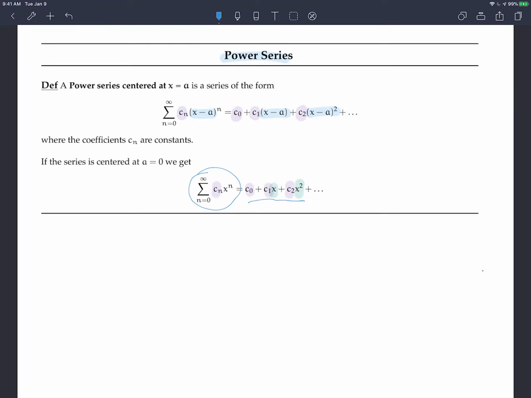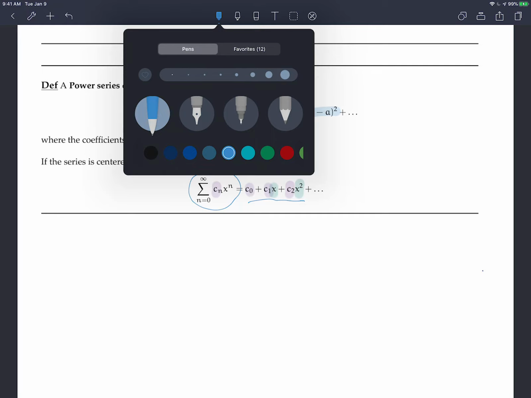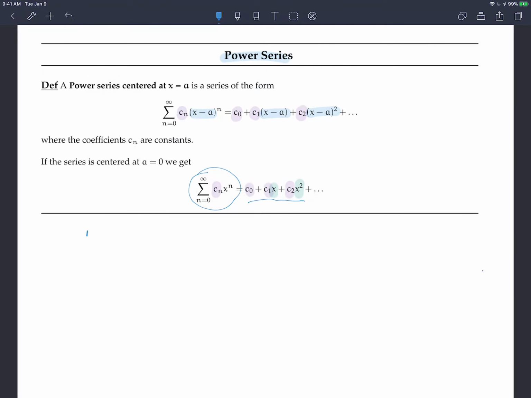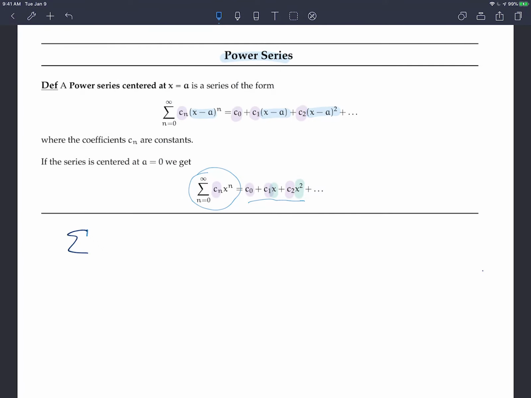Okay, so what is this telling us? The basic power series that every textbook starts with, the most simple power series, is if I put c0 equals c1 equals c2 and make them all equal to 1, and then I just have the sum of x to the n, right?